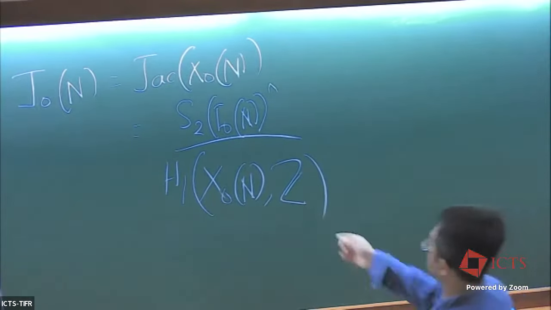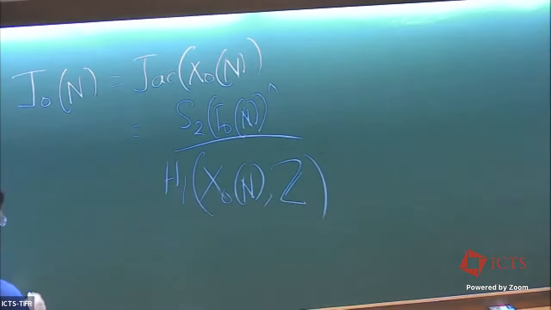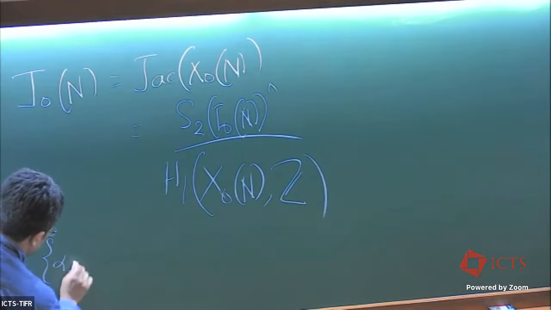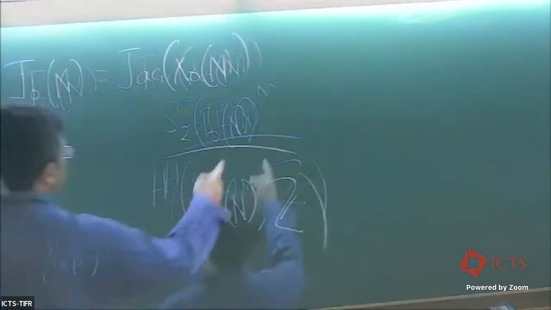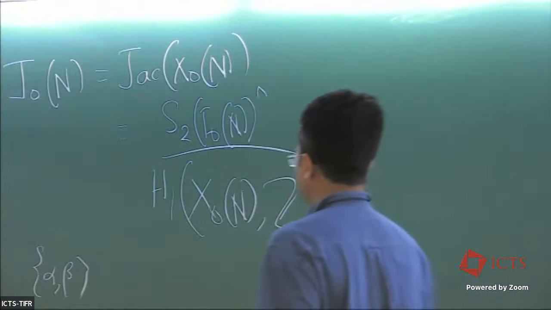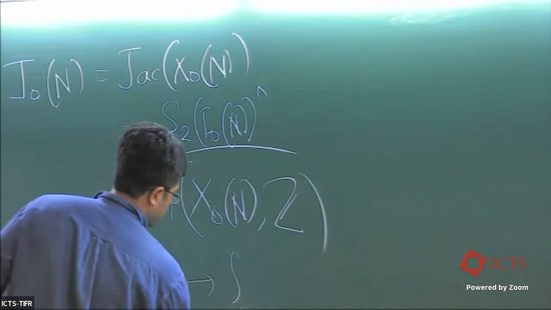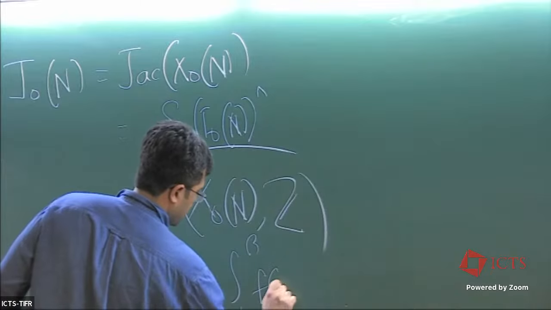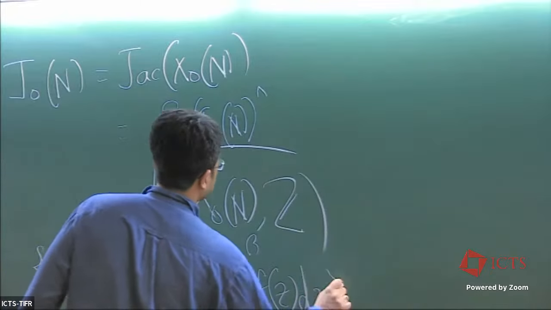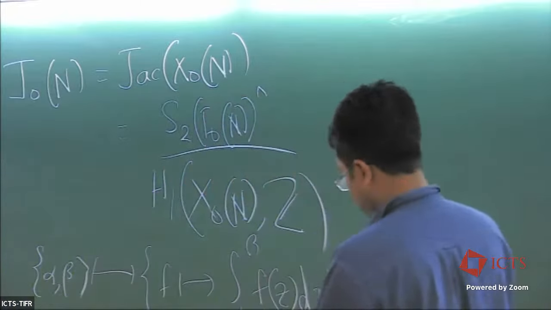How do you see this? You have a cycle beta, and the map that takes f to the period, the integral over beta of f(z)dz. That's how this lattice is a subset of this.